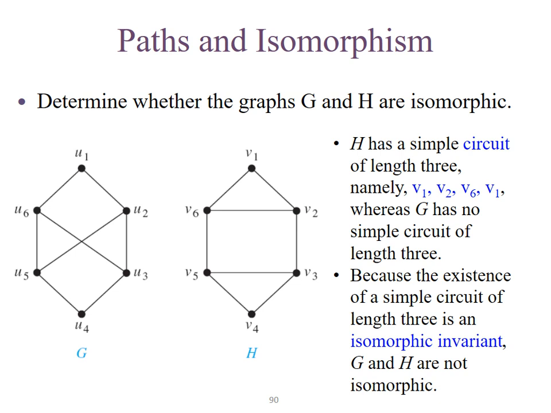We have a circuit V1, V2, V6 to V1. But you cannot discover any circuit of length 3 in the other graph. If we use path or circuit as a graph invariant, then G and H are not isomorphic graphs.